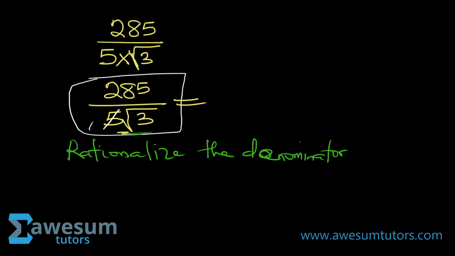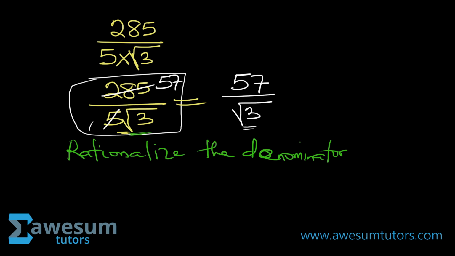So 5 into 5 is 1, 5 into 285 is going to give us 57. So that means my answer here is going to be 57 over root 3. But still take note, this is still not your final answer.